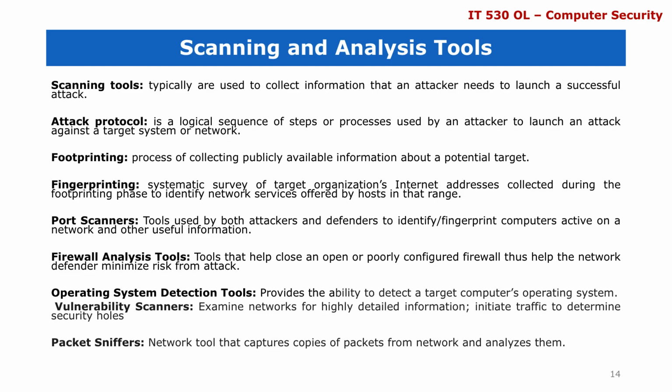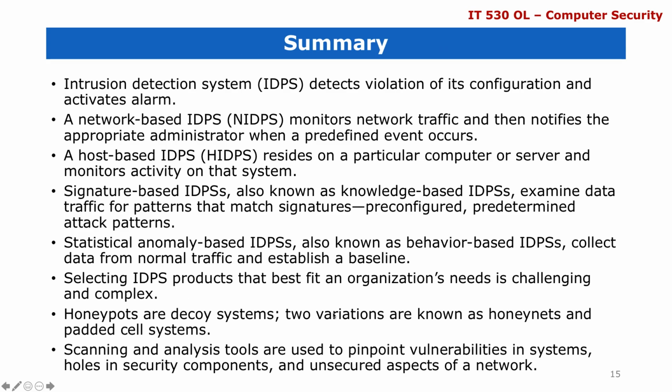We have now completed this chapter. We were able to discuss IDPS systems, the two types of IDPS, including the network-based as well as the host-based. We did look into signature-based and statistical anomaly-based, and what organizations should do in order to select the right IDPS. We looked into decoy systems such as honey pots, honey nets, padded cell systems, and all of that.